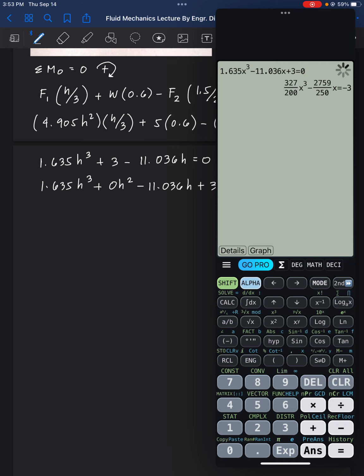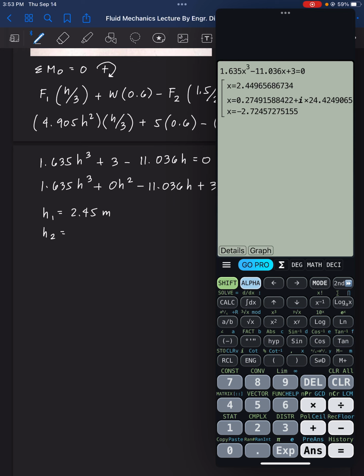So shift solve gives these values: H1 is 2.45 meters, H2 is 0.275 meter, and H3 is negative 2.72 meters.